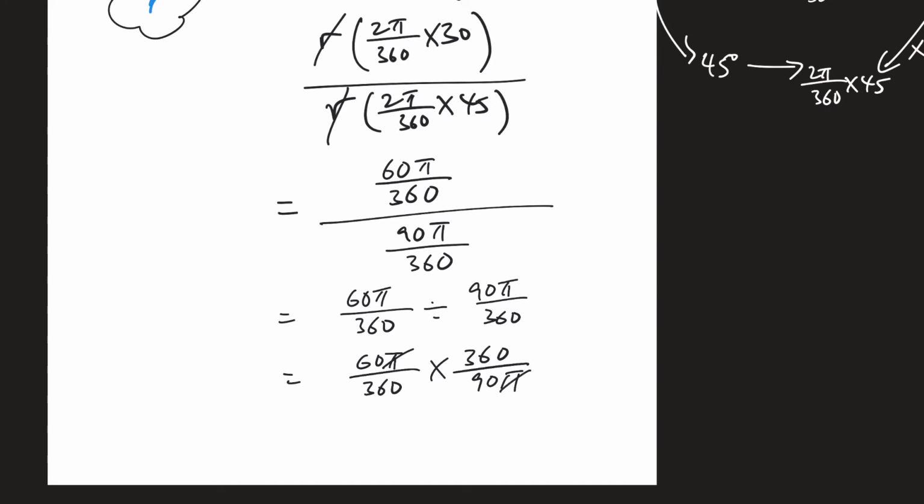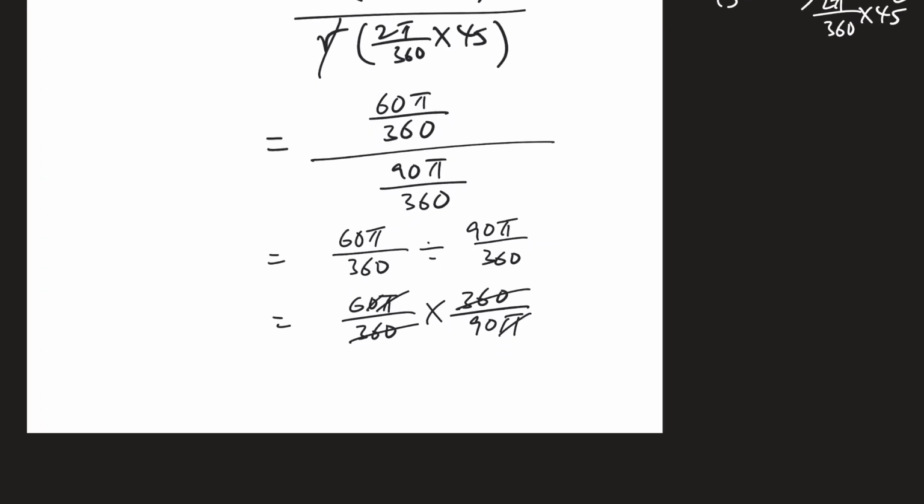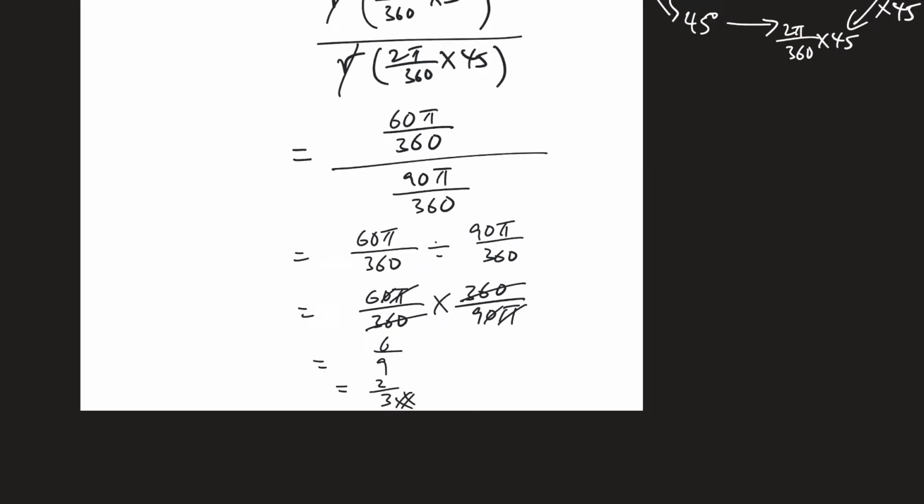The pi's cancel out, and then I just continue to simplify. 360's cancel out, and then divide by 10. This gives me 6 over 9, which can be simplified to 2 over 3. There you go.